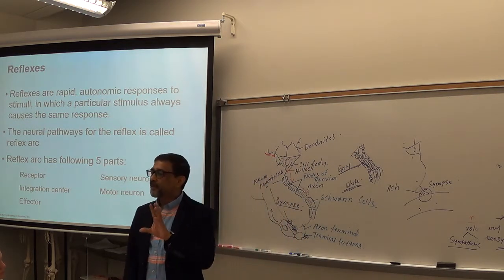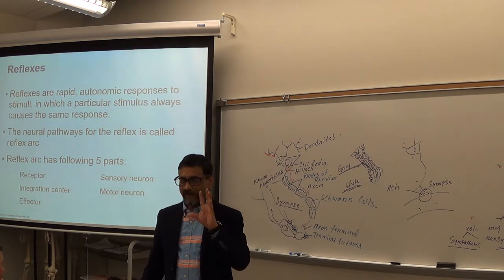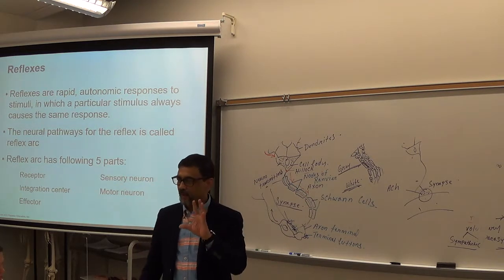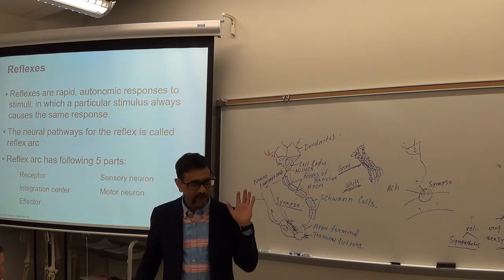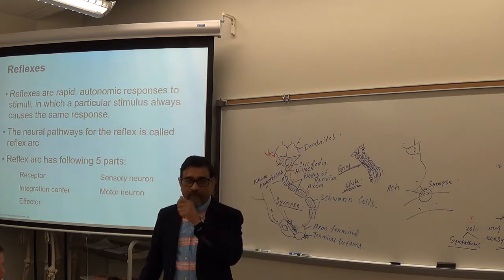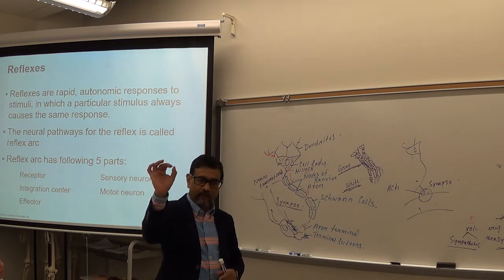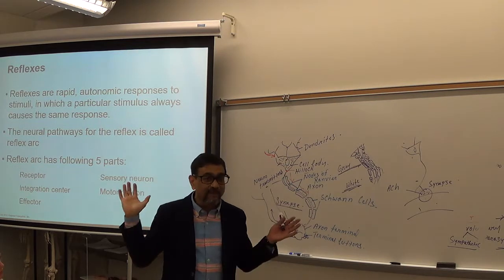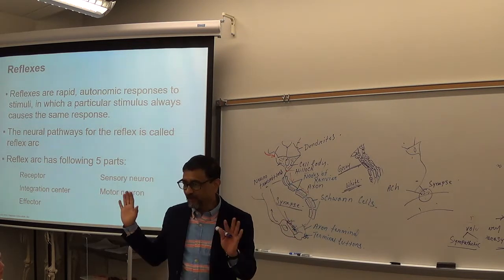So I'm repeating again. A reflex is an involuntary or autonomic response to a stimulus, right? If I put a flashlight on your eye, what happens to your pupil? It constricts, right? So that is a reflex. You don't do it, it happens.